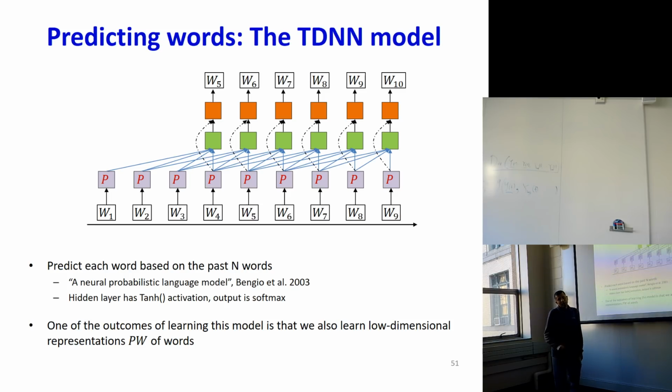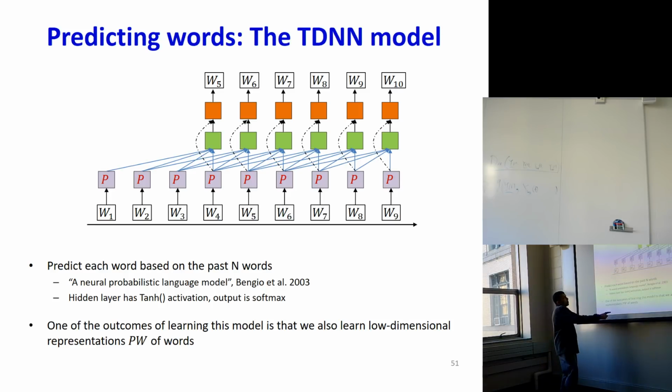Assuming that I'm applying this projection to reduce the dimensionality of the vectors first, if I were using a time delay neural network model, I'm going to predict any word based on the previous n words. This is the iterated structure. This is not a recurrent structure, right?